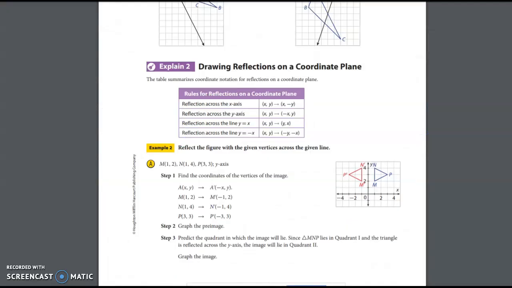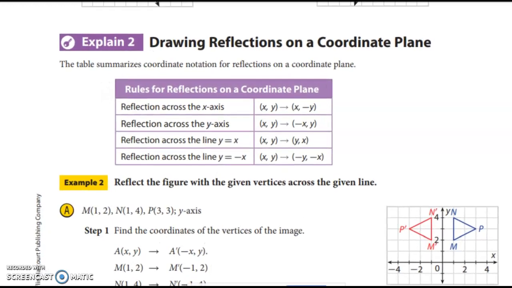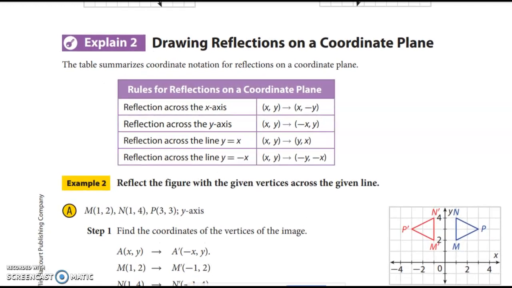Rather than having to graph every time we want to reflect over either the x-axis, the y-axis, the line y equals x, or the line y equals negative x, to find our other points, we can just use these rules right here, and I want you to put that table in your notes. Rules for reflections on a coordinate plane.